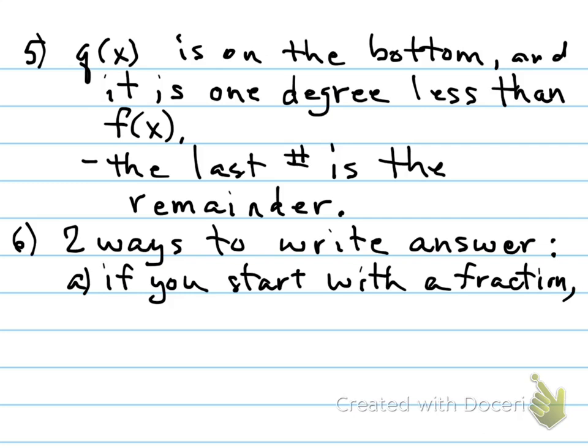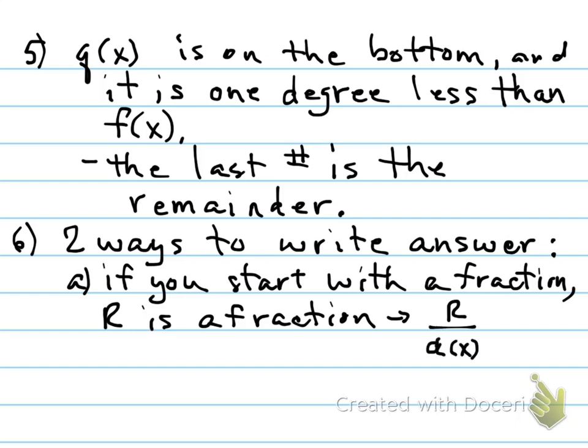If you start with a fraction, then r is a fraction. What's r? The remainder. And the fraction that you get is simply r over your original d of x. Because remember, when you're dividing, if you can't divide, whatever you have left is a fraction. Just put the remainder over whatever you were dividing by in the first place.